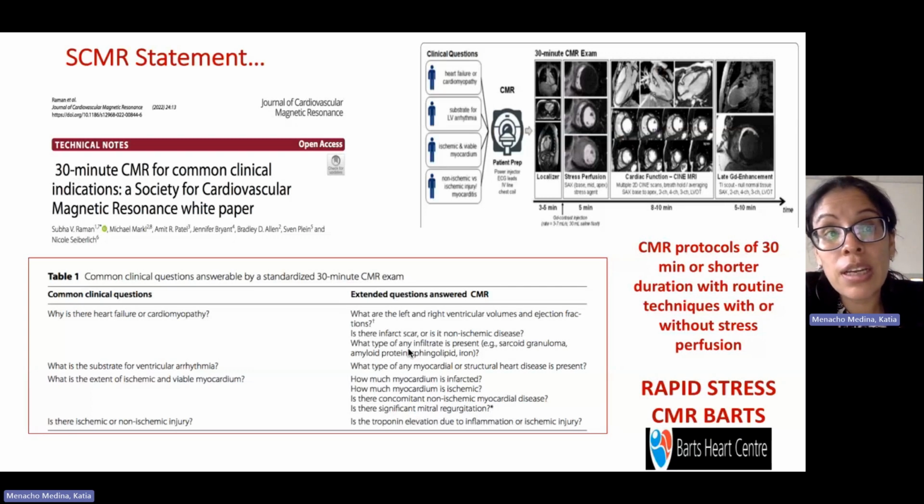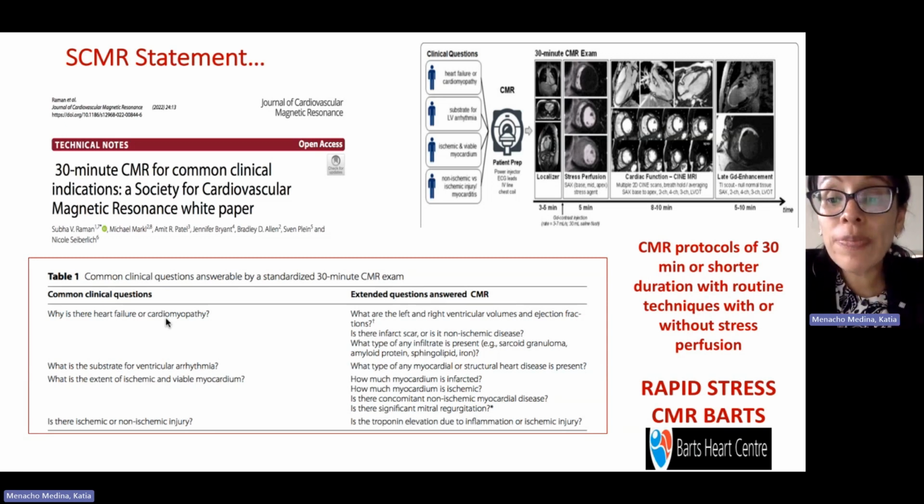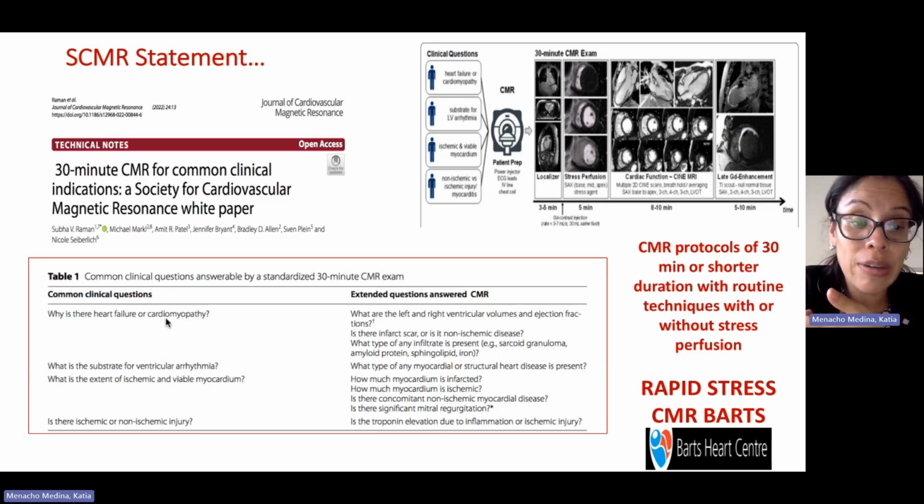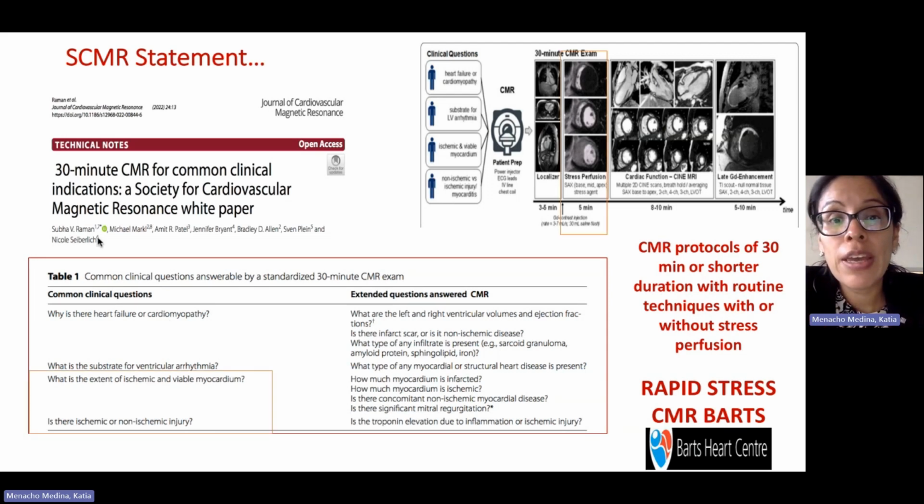And last year, CMR also published a statement about the use of a focused 30-minute CMR protocol that can be done for specific clinical indications, as you can see here, heart failure or cardiomyopathy. We will discuss that next week. Also any substrate for ventricular arrhythmia, viability in scarring myocardium, or differentiating ischemic cardiomyopathy and non-ischemic cardiomyopathy.